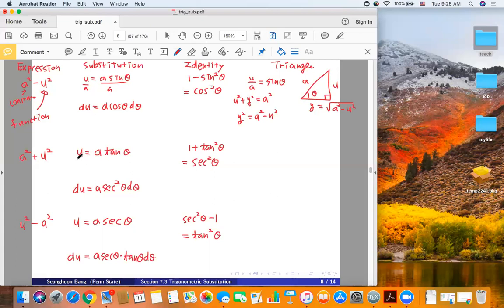Second case, same. Divide by a from both sides. So like this, we have u over a equals tan theta. You can use a triangle, the same.